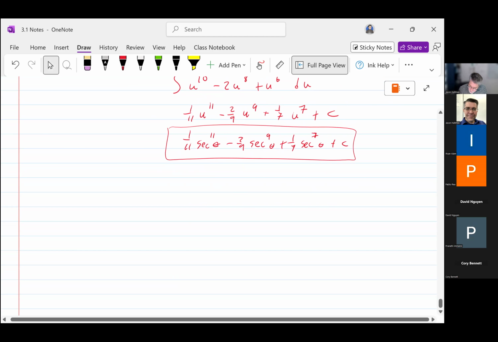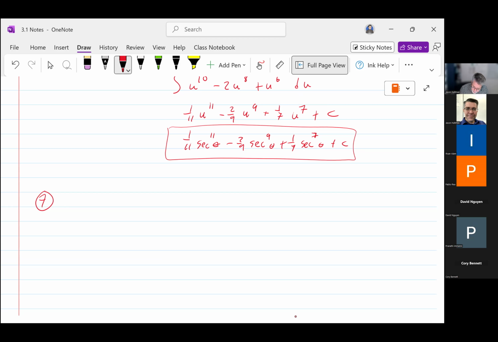So, let's do one last one. This will be the last problem that we do for the evening. That's going to be this guy here, the integral of secant x dx. Now, I don't know how some genius came up with how to do the integral of secant x dx.